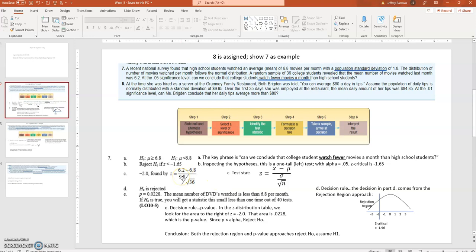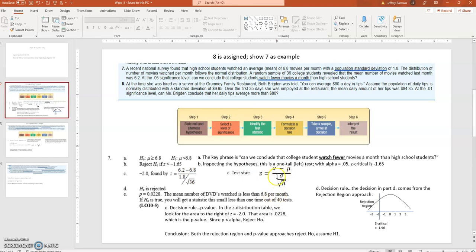Part C is really where you start your computations. Identify the test statistic, which goes along with step 5 a bit. The test statistic is, again, just a modified z-value or z-score that we know from many sections ago.